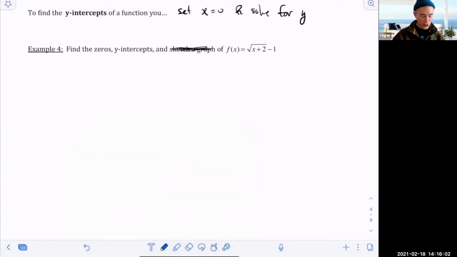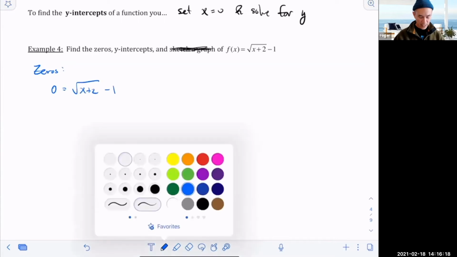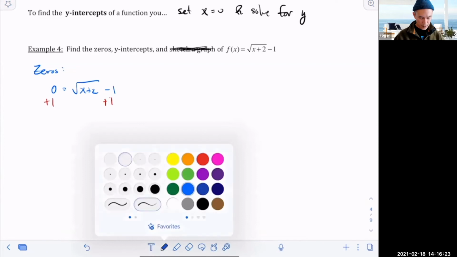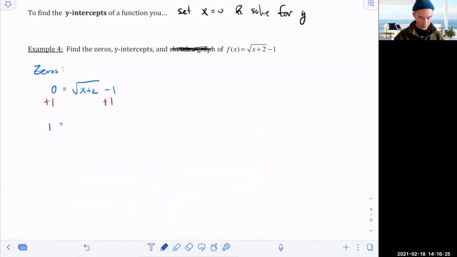Okay. So to find the zeros, we set the function equal to 0. So we got 0 is equal to the square root of x plus 2 minus 1. Then we're going to add 1 to both sides. This is 1 is equal to the square root of x plus 2. How do we undo the square root?